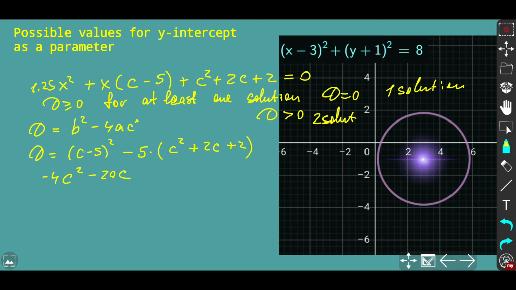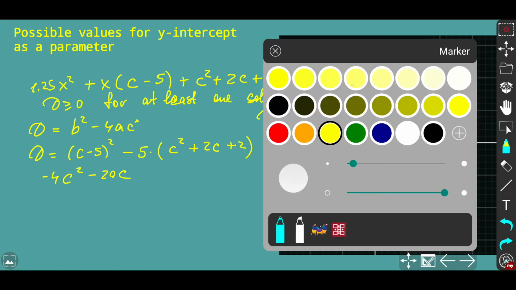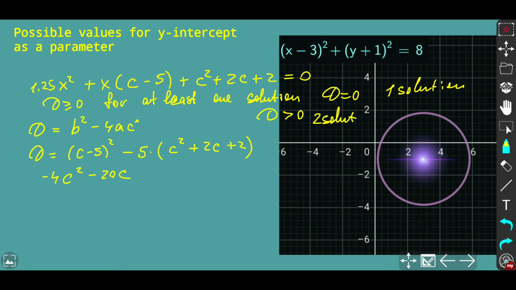And the last one is going to be 25 minus 10, so there's going to be plus 15 here, okay? So that's the discriminant, and in general case it's more than or equal to 0. So right now we have an inequality and we need to solve that.